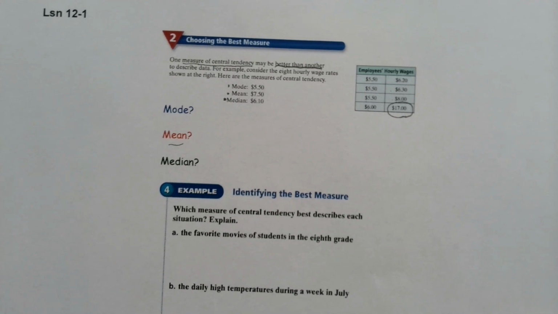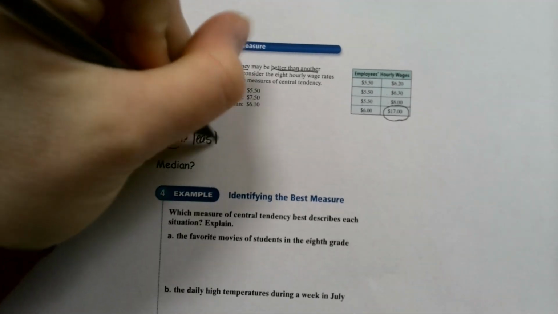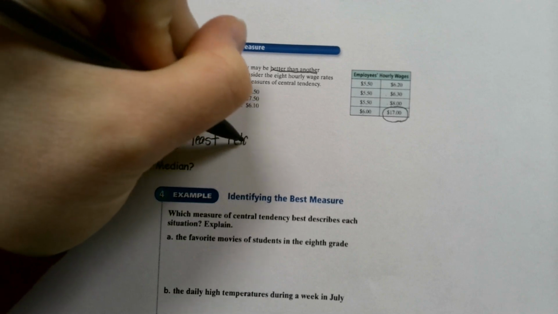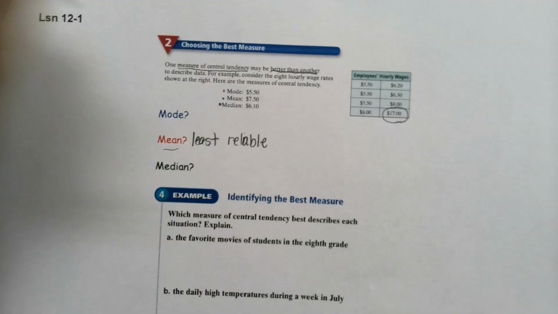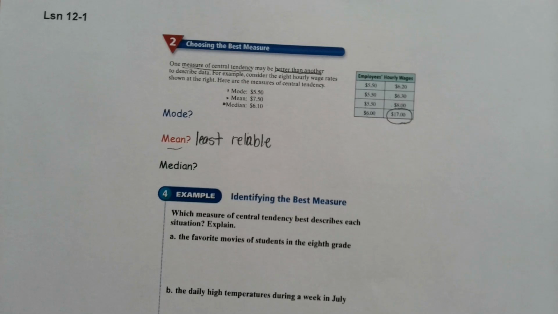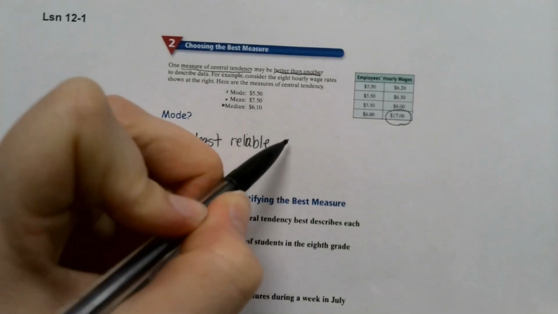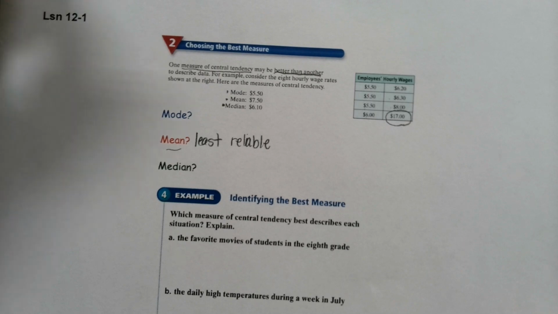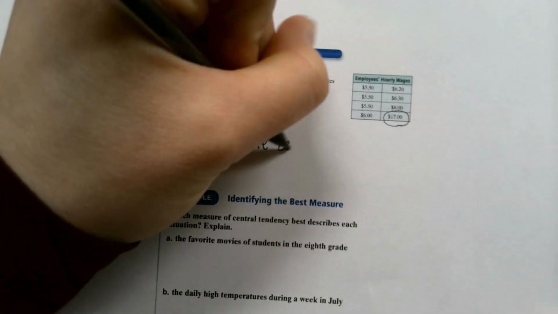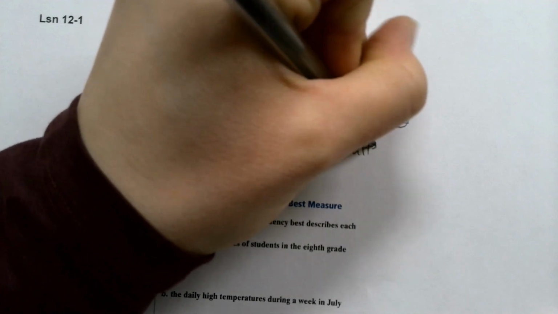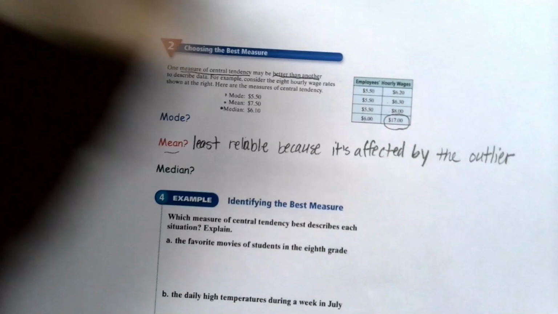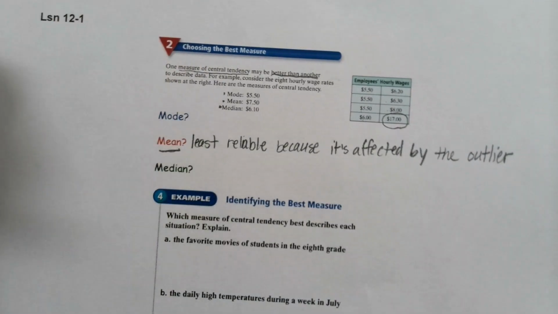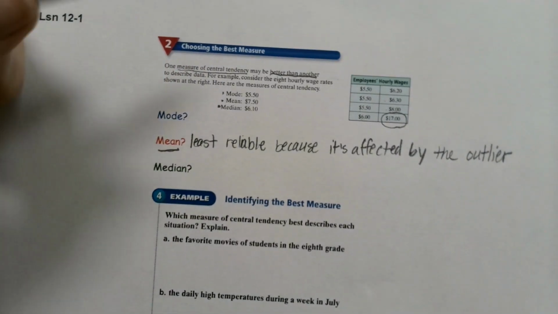So when we say the mean, it's probably the least reliable, or it represents it the least, because it's affected by that outlier. Then when we look at the other two, the mode is just the one that appears the most.